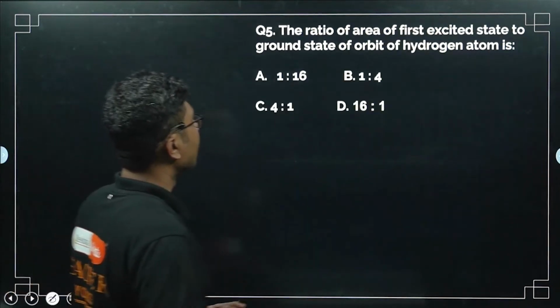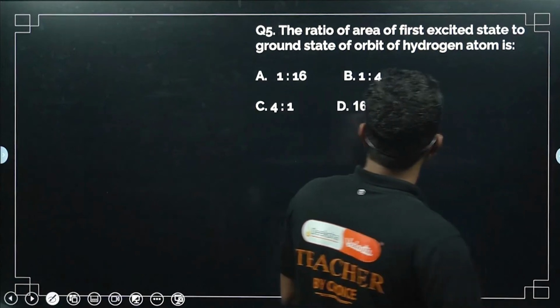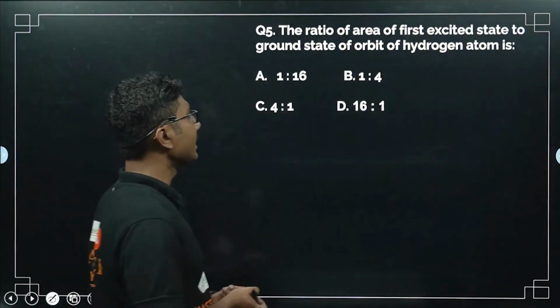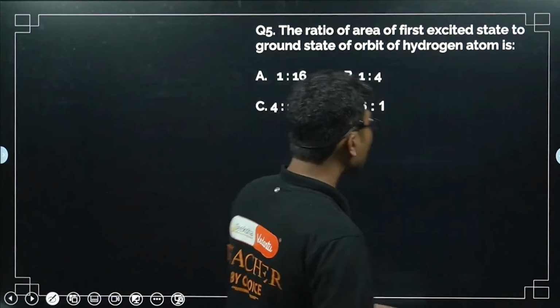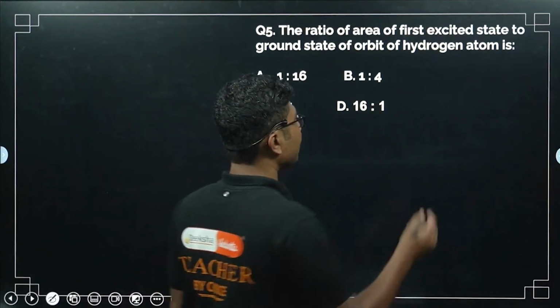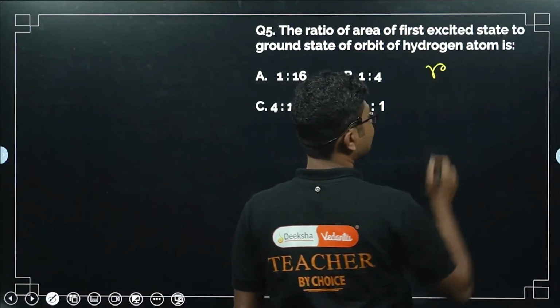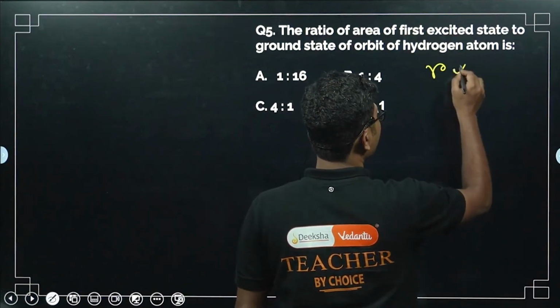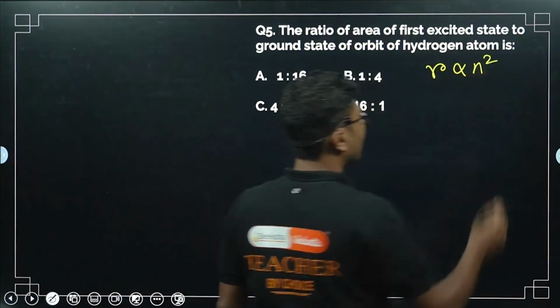Next question, the ratio of area of first excited state to the ground state of orbit of hydrogen atom is. Now we know that for hydrogen atom, the radius of any excited state is proportional to the quantum number, right?